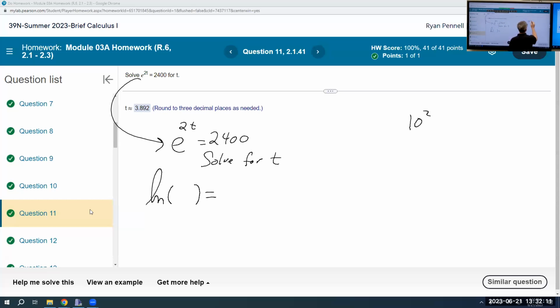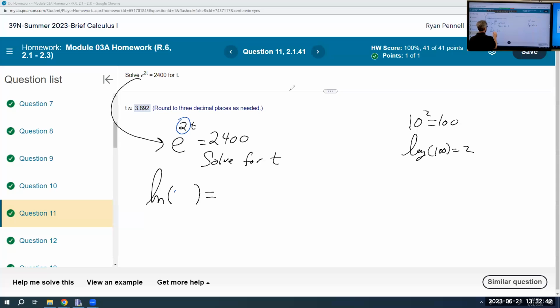We know that 10 squared equals 100. Log 100 equals 2. We haven't really dealt with something like that, have we? Or where it has that 2, or the thing itself has a coefficient.